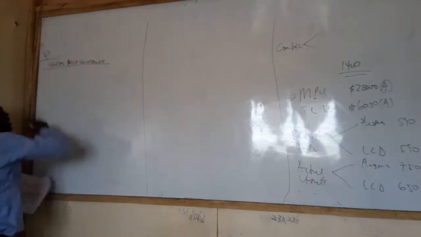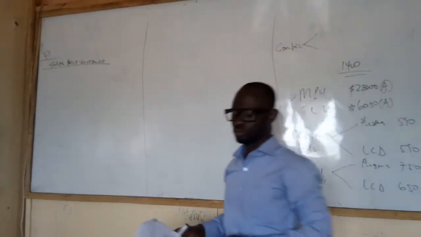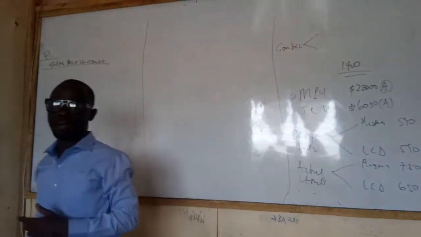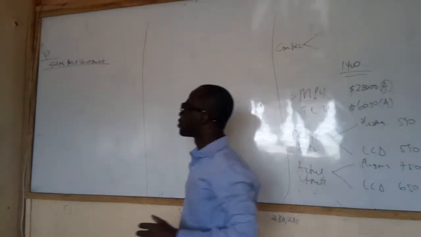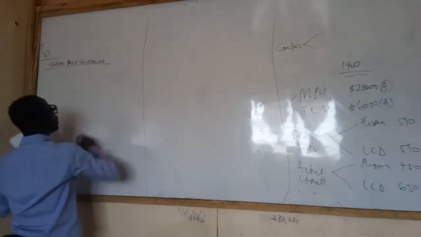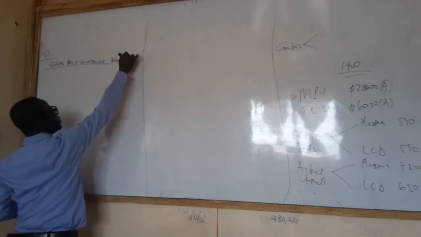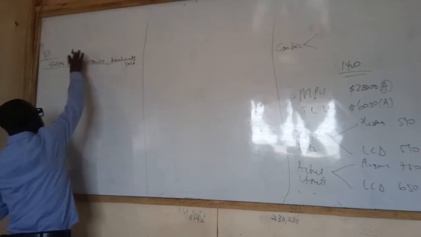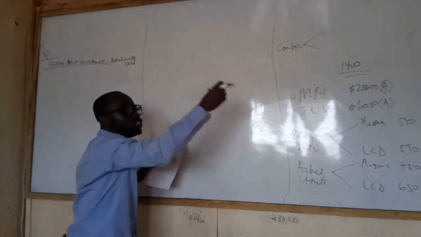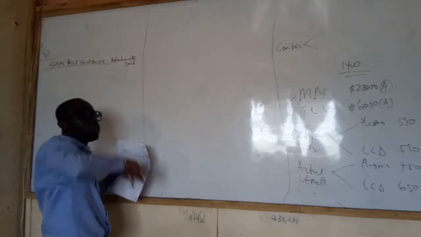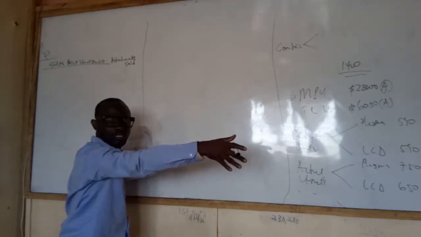How do you calculate the sales price variance? Sales price is based on the actual units sold. So for the actual units sold, how much should we have sold them for and how much did we sell them for? Does it make sense?